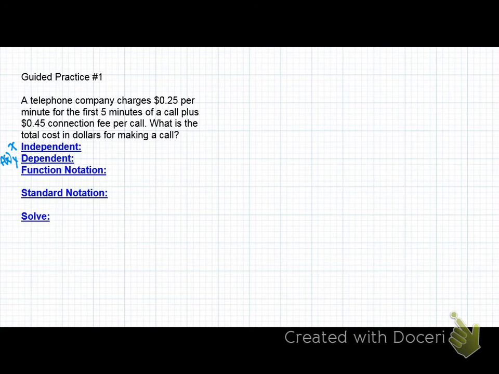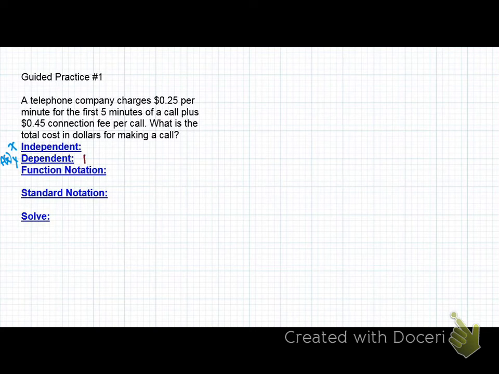Okay, you should have worked this out. So on this one I'm thinking, what is dependent on the other? I know that how much she's going to spend in dollars for making a call is going to be dependent on how many minutes she uses, right? So if she spends a lot of time talking on the phone, she's going to spend more money, right?